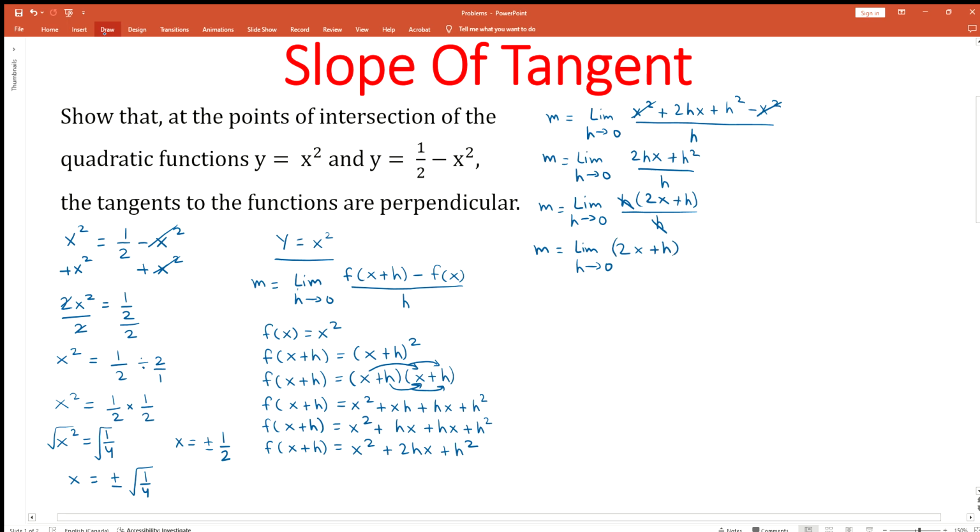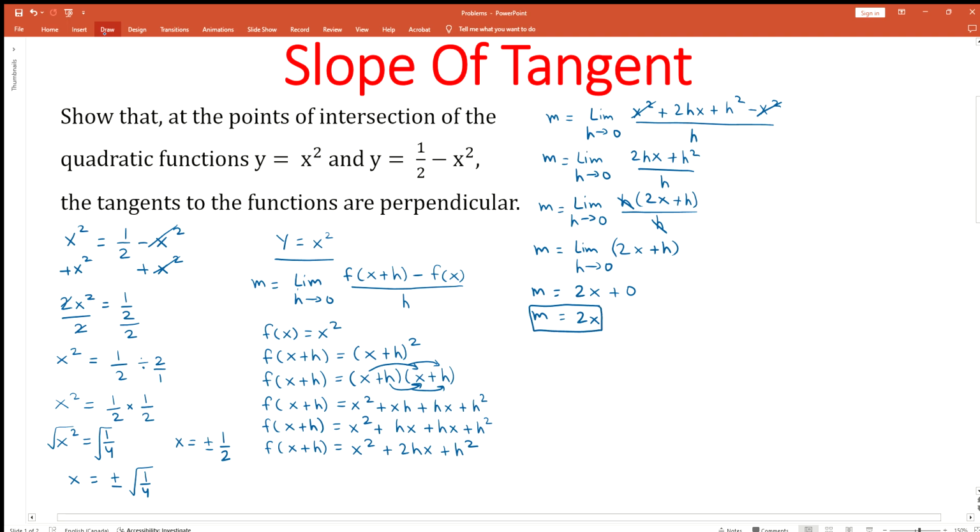Now we can apply the limit. We should sub in h as 0. So the expression for the slope of the tangent to the function y equals x squared is 2x.